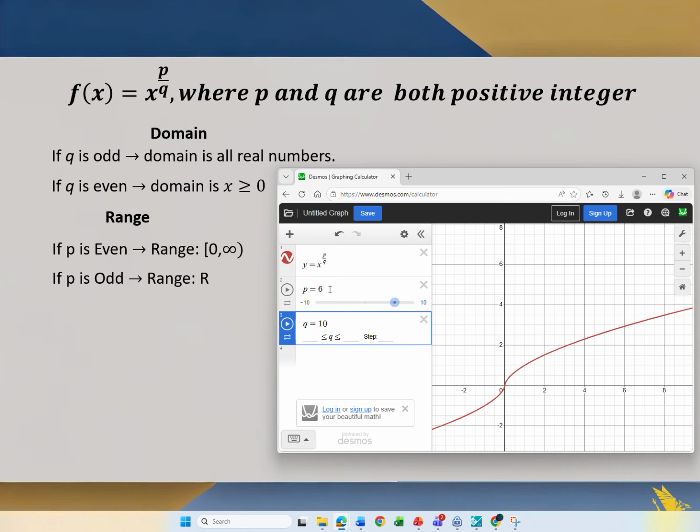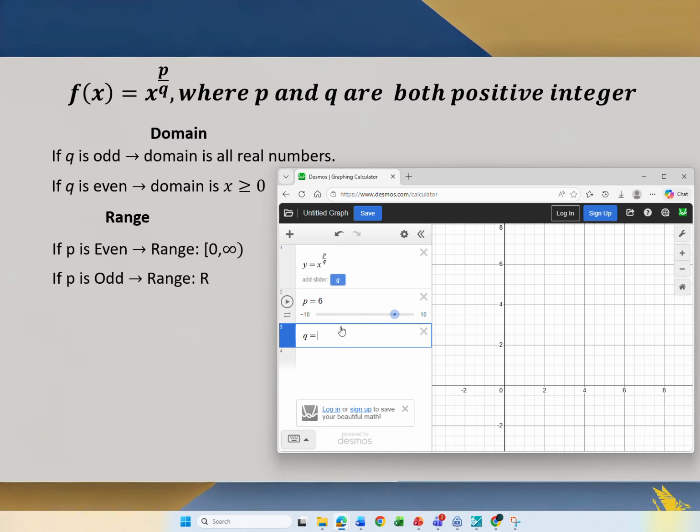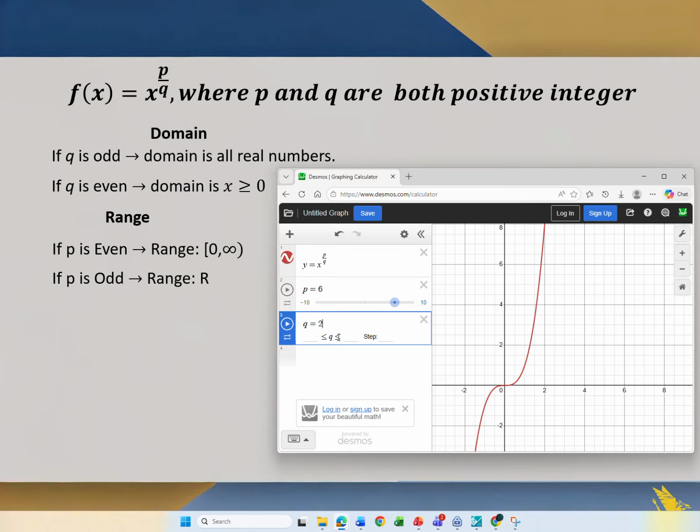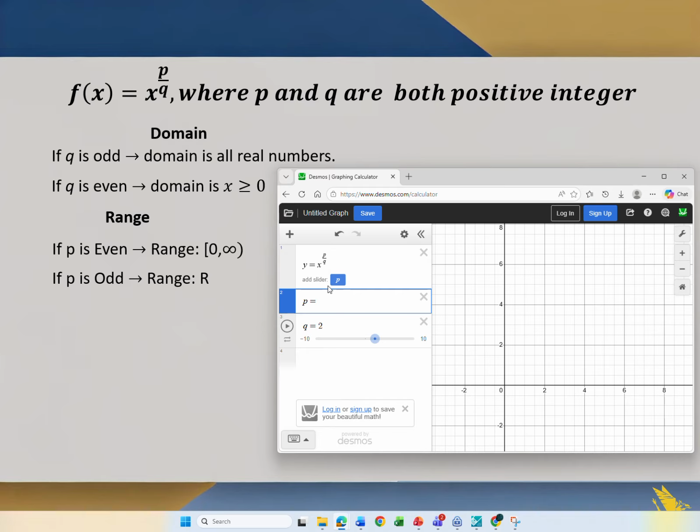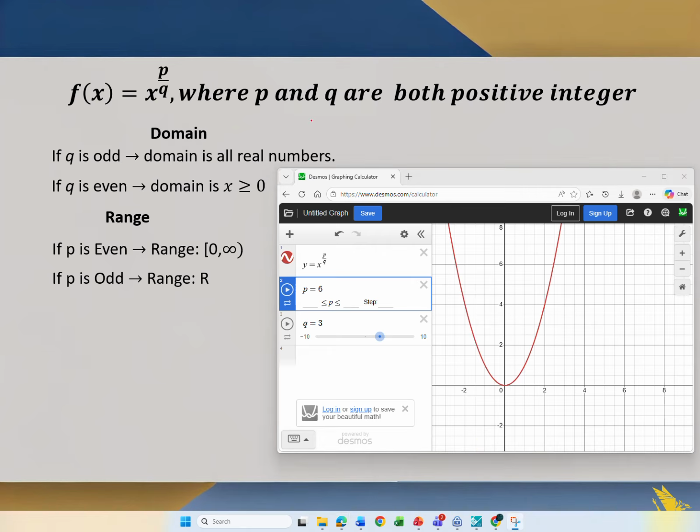So for me to check this, I need to be careful what I've got here. I'm just going to change my q to 2 for a minute. So now for my p-value, if I put it as 6, so I changed q to 3. If I put p as 6, what you're going to notice is it is even.